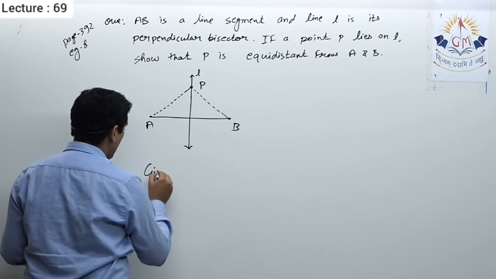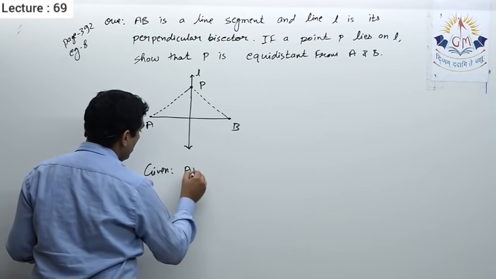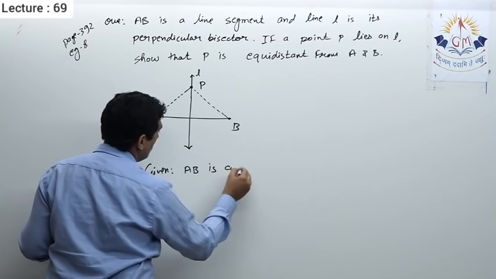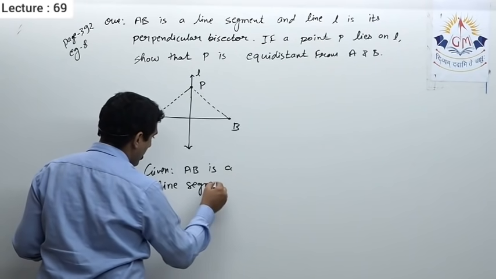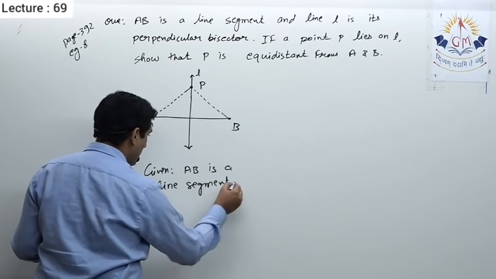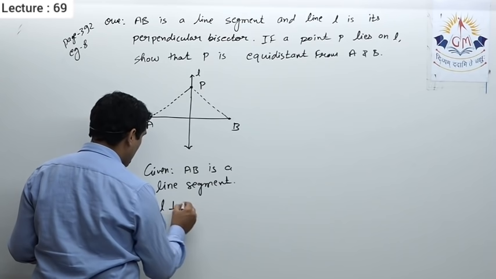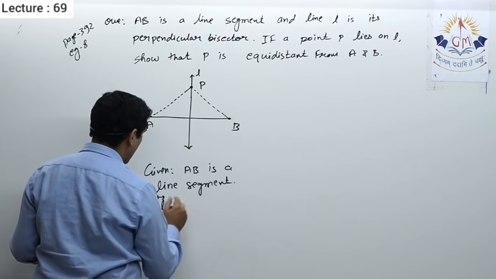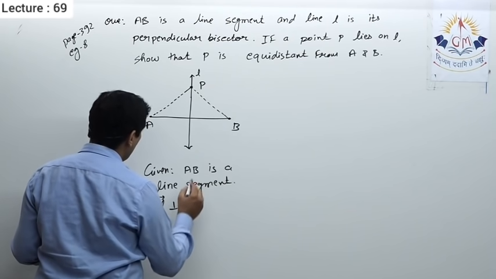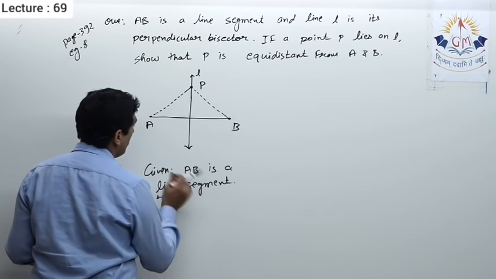So we have given AB is a line segment. Line L is perpendicular bisector.